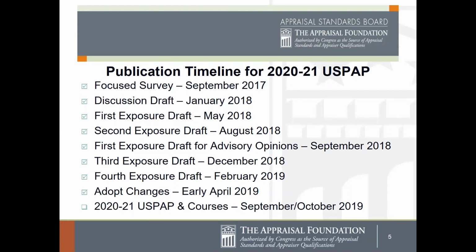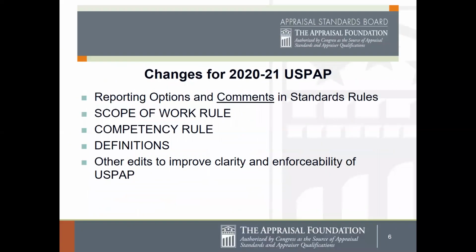So with that, let's start talking about the areas of change and what the actual changes were. You will see in your chat box versions of the summary of actions that will go over what these changes are. There are two versions. There's a short version, just a handful of pages in length, that provides a good summary and hopefully a good explanation of what the changes are and what they mean.